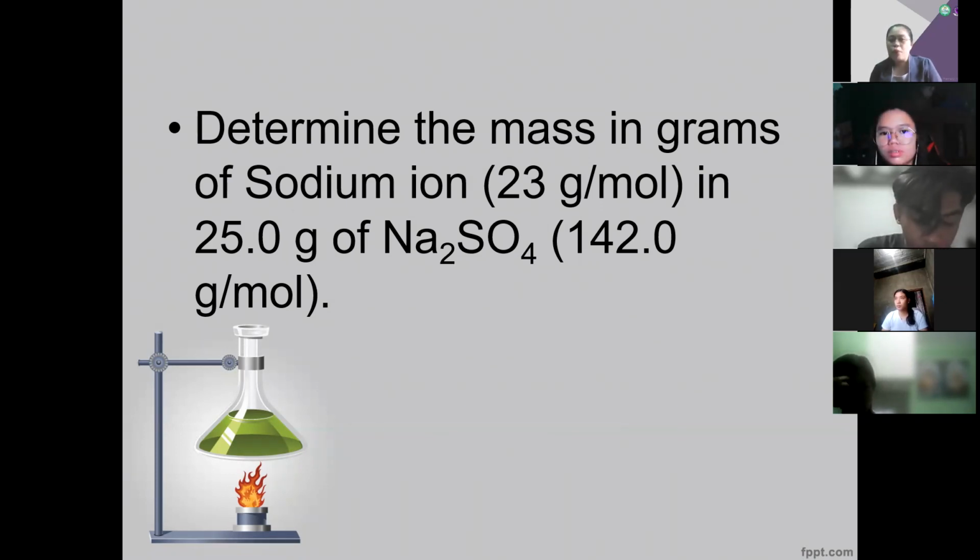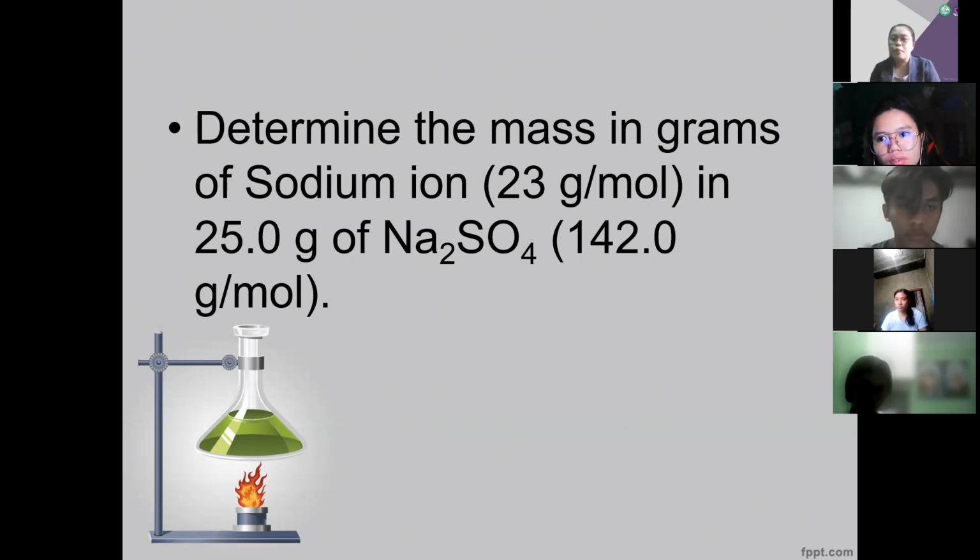So that's still the unit, 23 grams per mole, in 25.0 grams of sodium sulfate. So the molar mass of sodium sulfate is already given. This is 142.0 grams per mole.